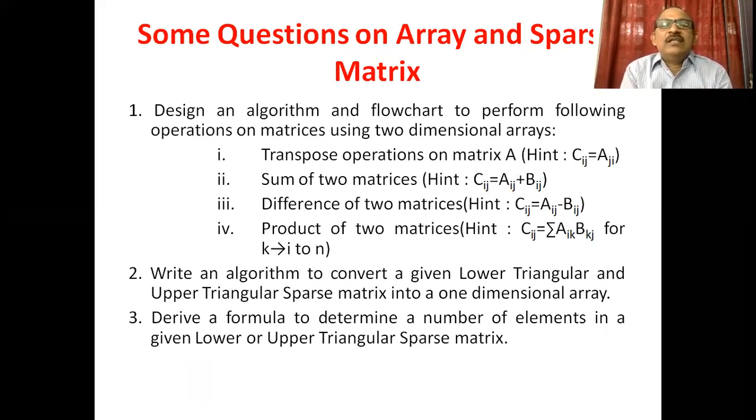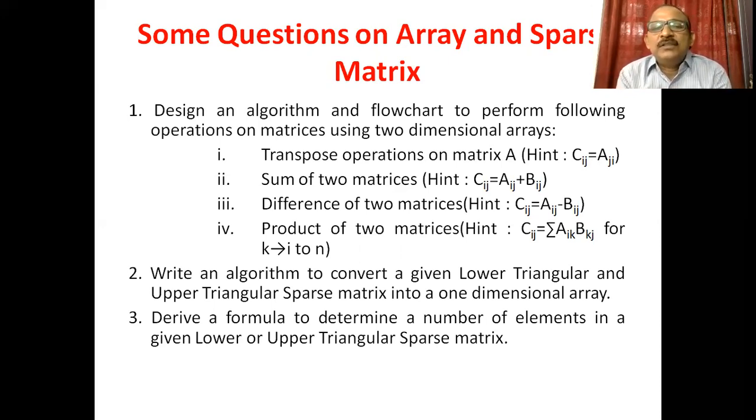First, design an algorithm and flowchart to perform the following operations on matrices using two-dimensional arrays. First question is the transpose operation on matrix A. It is the transpose matrix, suppose Cij is equal to Aji.